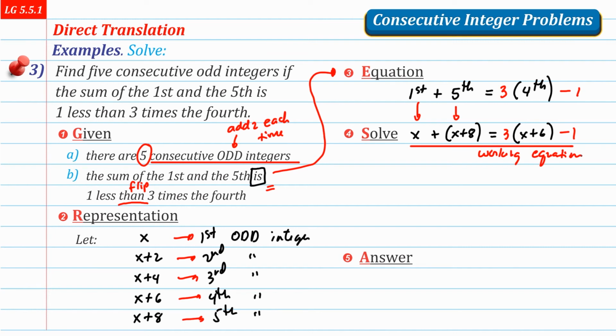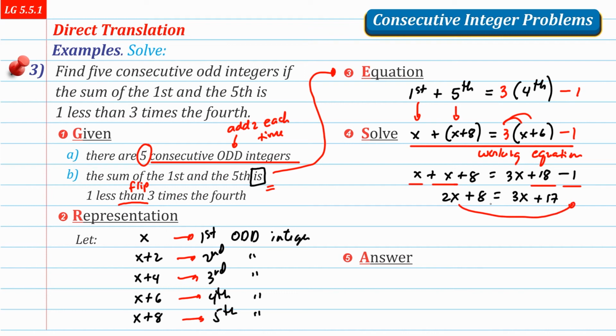Drop the parenthesis and distribute: 3x plus 18 minus 1. x plus x is 2x plus 8, and 18 minus 1 is 17. So 3x plus 17. Transpose 2x to the right and 17 to the left.